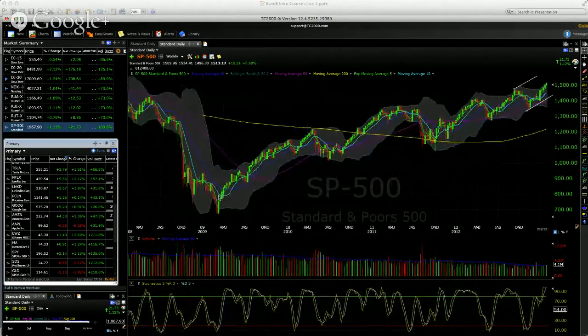Each one of these is a candlestick, and we'll talk about these in depth later, but each one represents a week. Counting them, it runs from October to September, so almost a year where this bottom is occurring. And it's an inverse head and shoulders, which we can talk about later too.